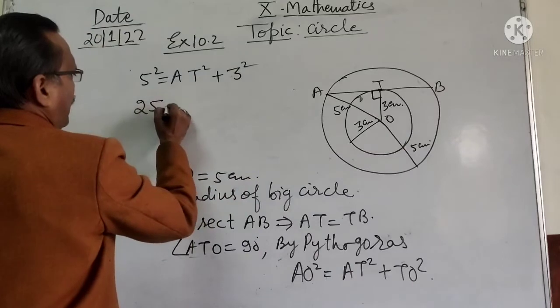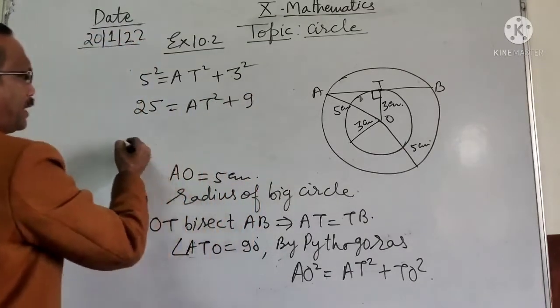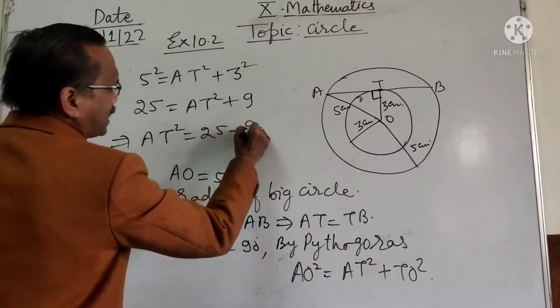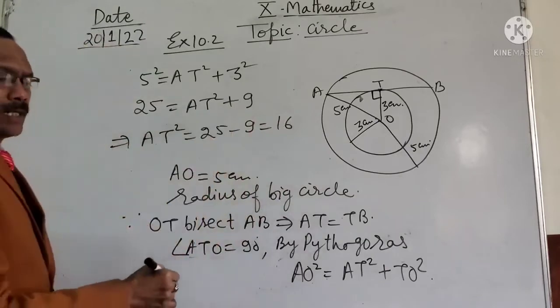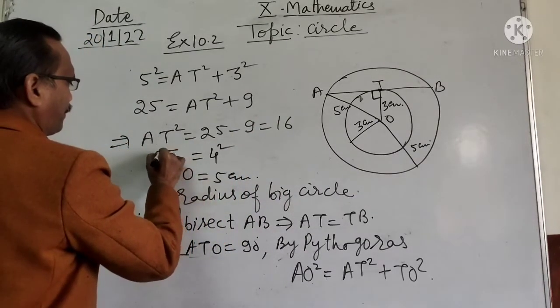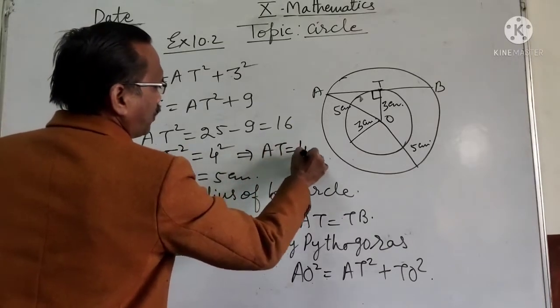It is 25 equals AT square plus 9. Now, AT square is 25 minus 9, which is 16. This 16 is 4 square. Therefore, AT is 4 centimeter.